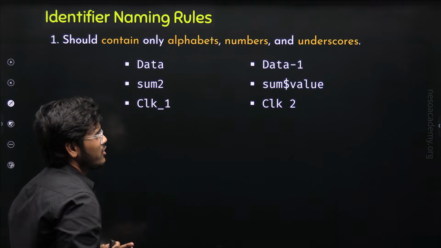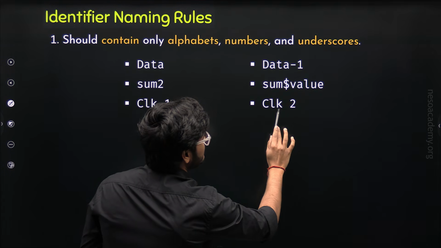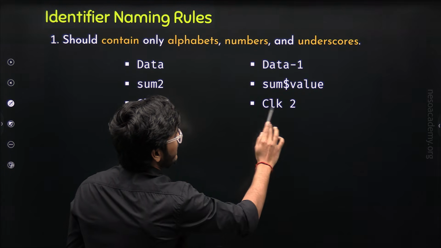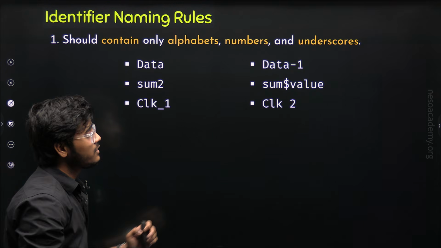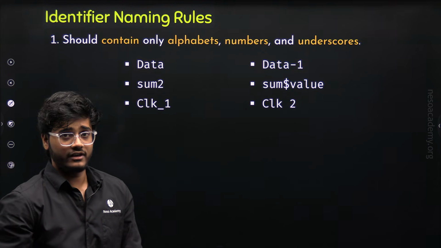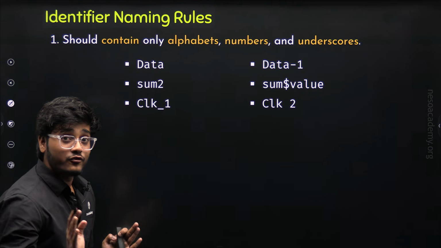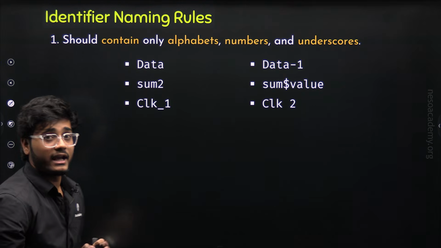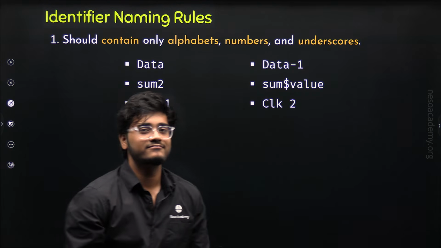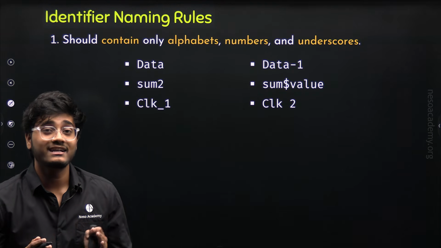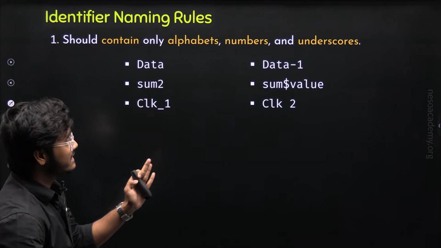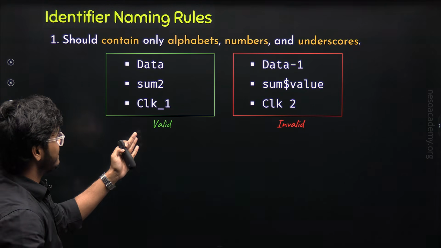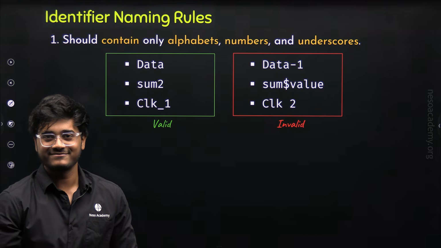No, because we can clearly see an extra space is there, and space is not included in the first rule. So, this example is also invalid. Therefore, we use an underscore instead of a space to make the examples more readable. So far, I hope you understand why these examples are invalid and these examples are valid.